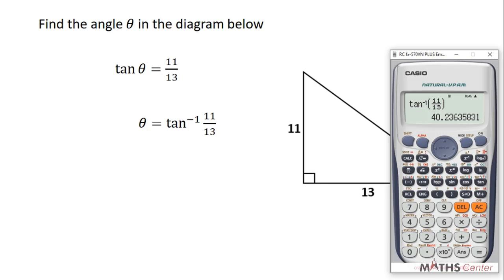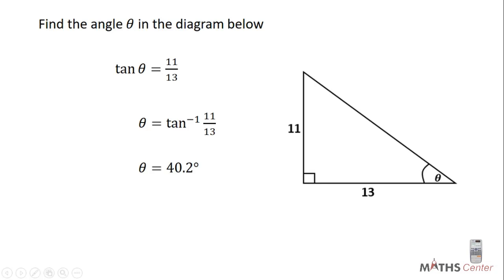So if you are rounding this to one decimal place, we have theta to be equal to 40.2 degrees. So we see that with these trig ratios, we have been able to find the interior angles of a right-angled triangle. So the acute angles in the right-angled triangle, we can use these trig ratios to find them.